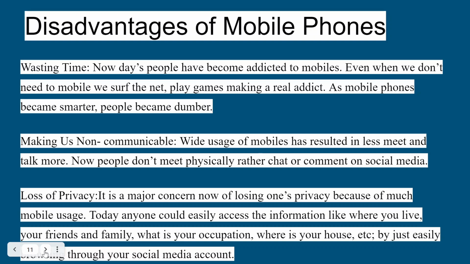Loss of privacy. It is a major concern now, losing one's privacy because of too much mobile usage. Today anyone could easily access information like where you live, your friends, family, what your occupation is, where your house is, etc. by just browsing through your social media account.